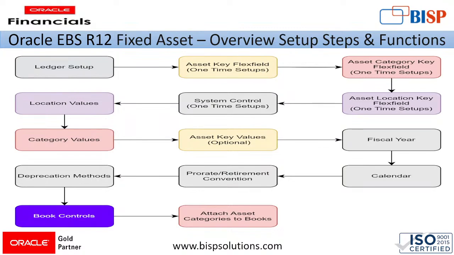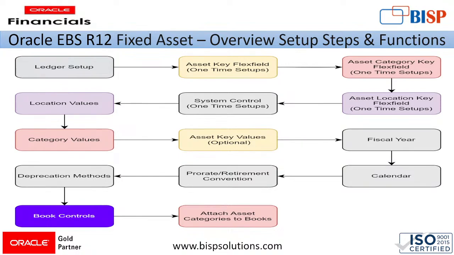As we go through the session, we will discuss in detail the system control, what is the use of system control, and we will also discuss the asset key flexfield, category key flexfield, and location key flexfield in detail, right?